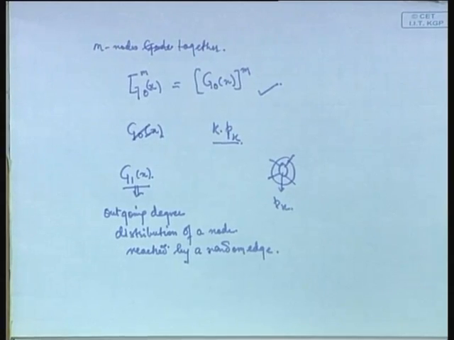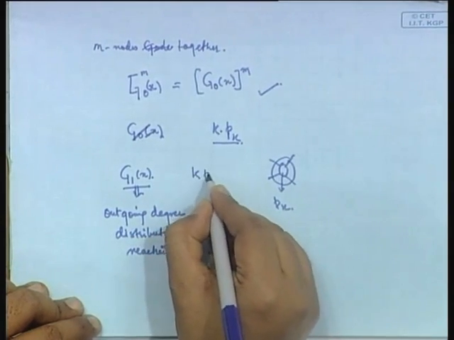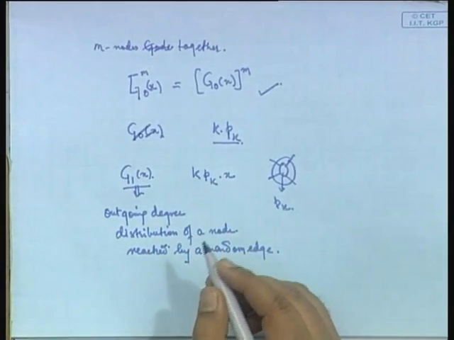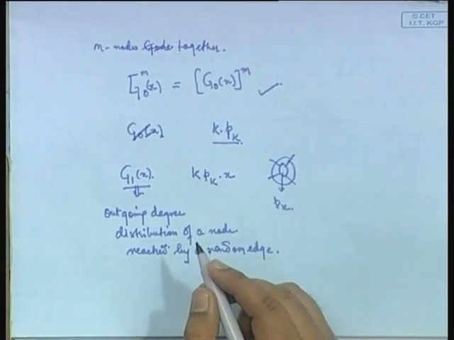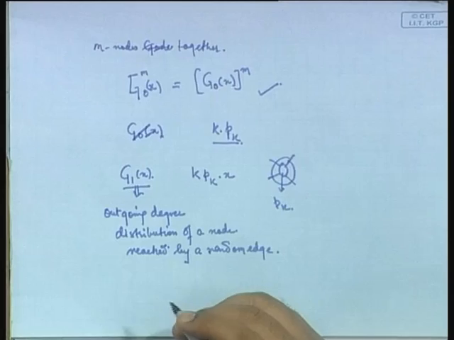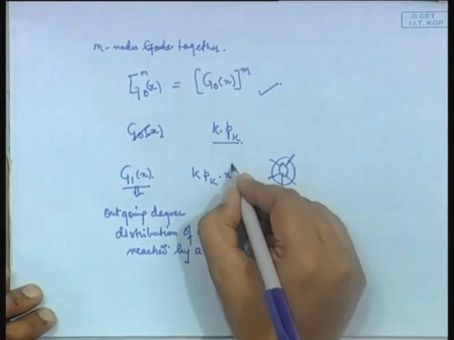Okay, outgoing degree distribution. So, that will be what? kpk, and if it is a k degree node and it has been reached from a random edge, what will be the outgoing degree? Because it has already been reached by one edge, so k minus 1.